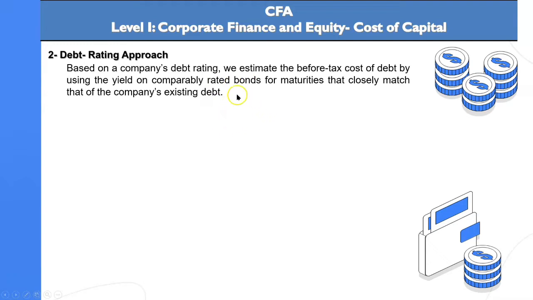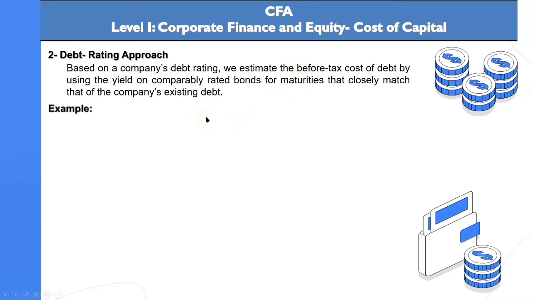But we must be sure that we take bonds with a similar or close maturity. If we are issuing a debt for 10 years, we should look at comparable or similar companies having the same rating and close maturity, either exactly 10 years or 9 or 11 or whatever. But we can't take 2 years maturity and compare it with 10 years maturity.